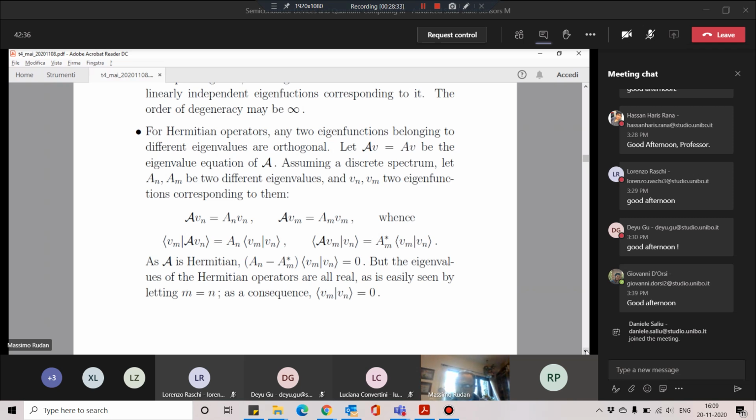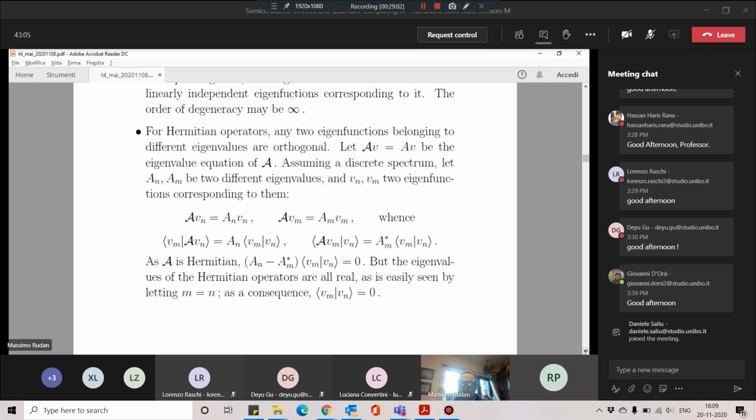So the general form of the eigenvalue equation is, as you can see, A applied to some function V must be equal to a number that we again call A multiplied by V. So V is the eigenfunction, and A on the right-hand side is the eigenvalue.